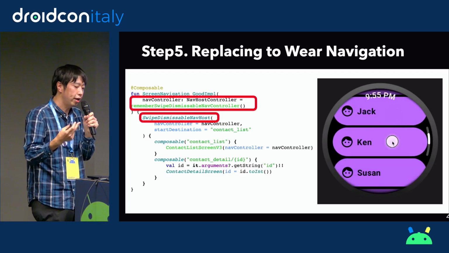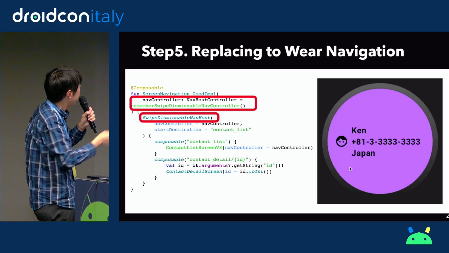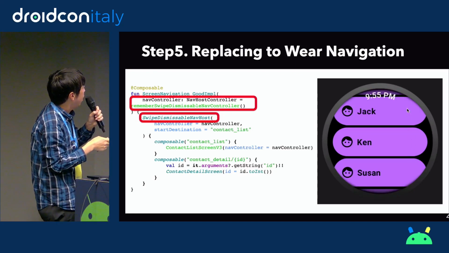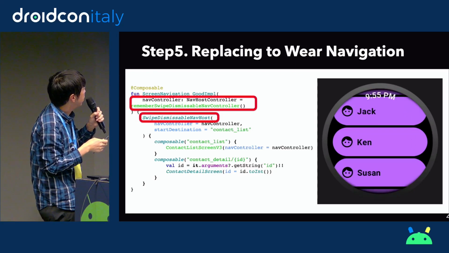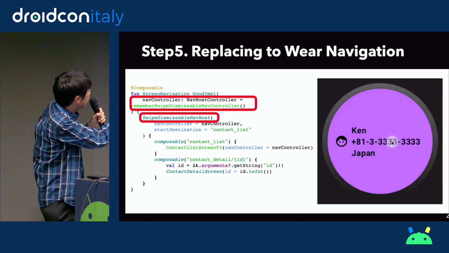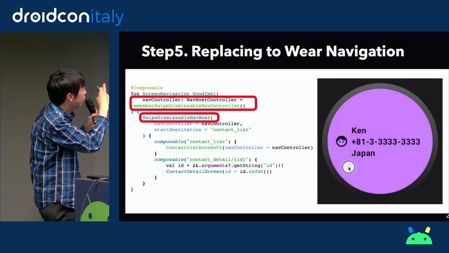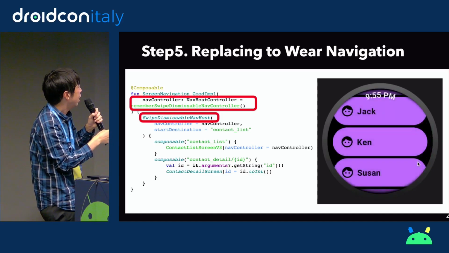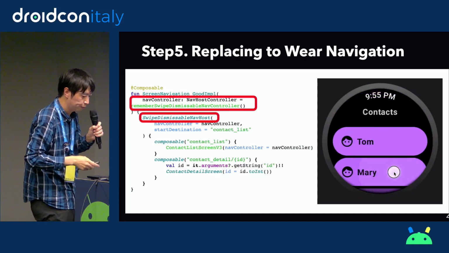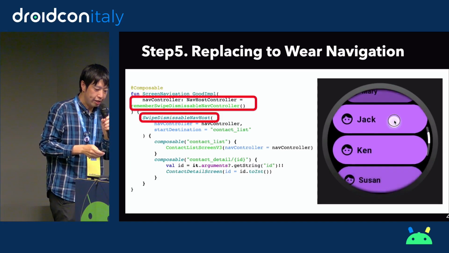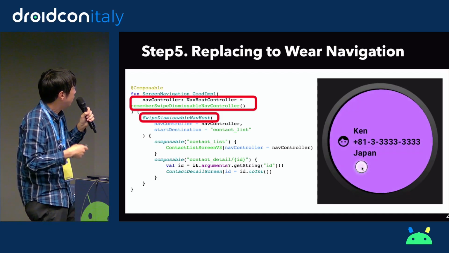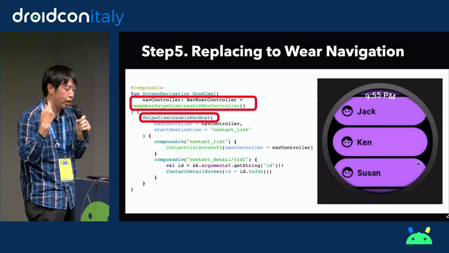By modifying this like this, we can implement this. After choosing my name, choosing Ken, and I'd like to swipe to dismiss, I can come back to the previous screen. Okay, that's all. We can implement this by using the Wear OS library.